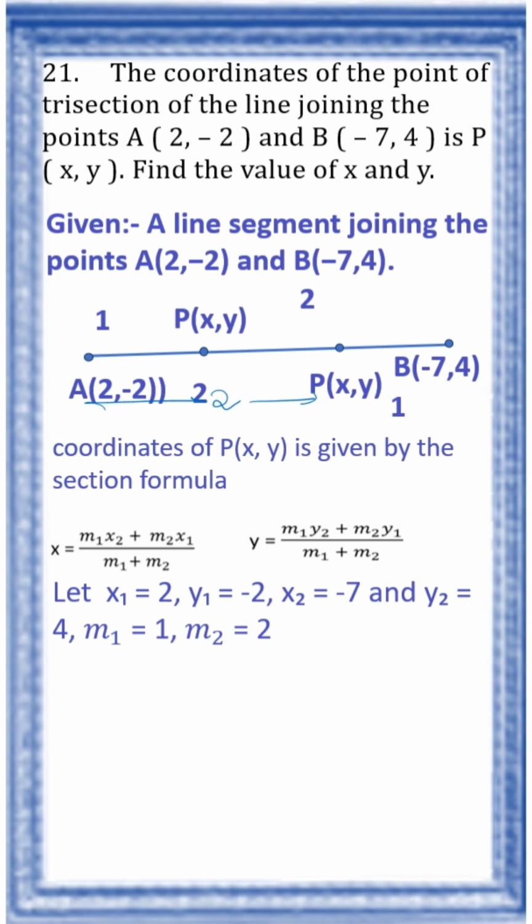Here let x1 is equal to 2, y1 is equal to negative of 2, x2 is negative of 7, y2 is 4, m1 is 1 for the first point, and m2 is 2.